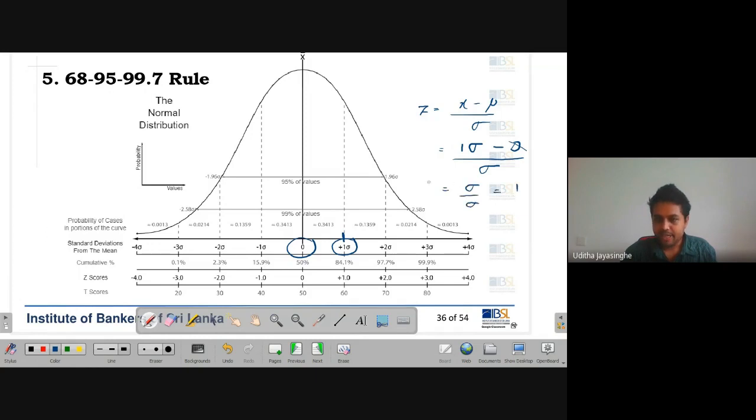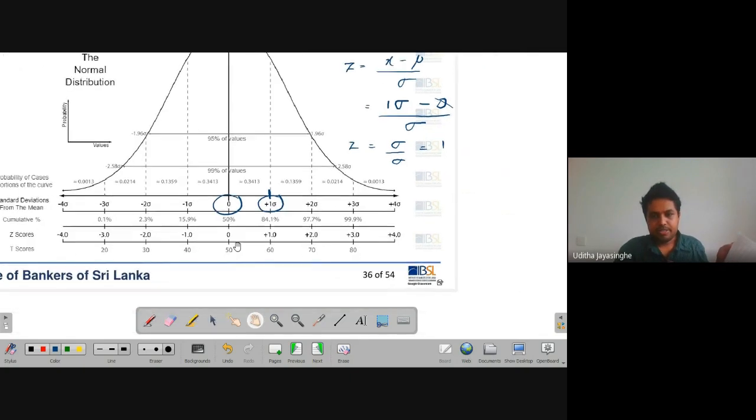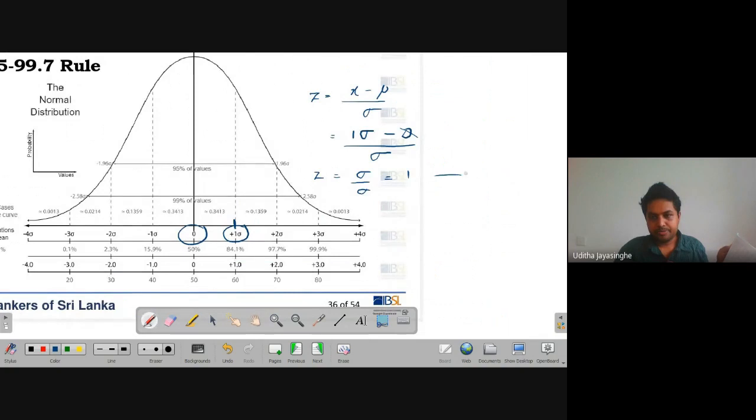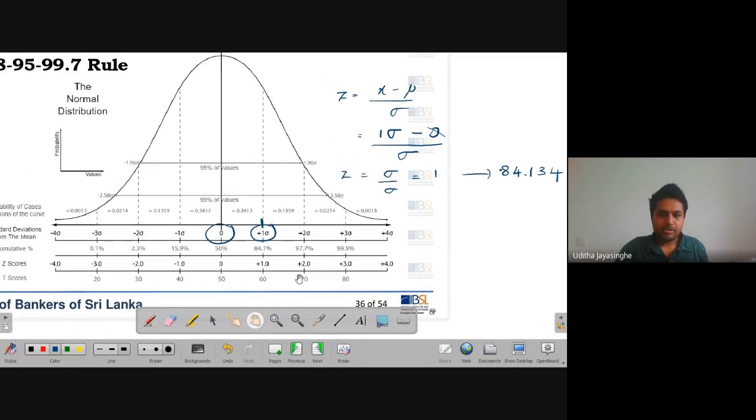So for this Z value, if you look in the positive table, that should be 1.0. This 1.0 is going to give me the area under the curve of 84.134.